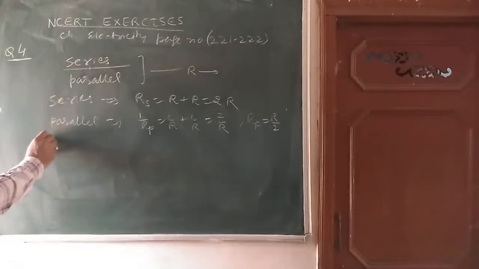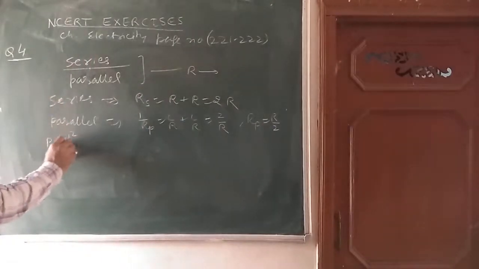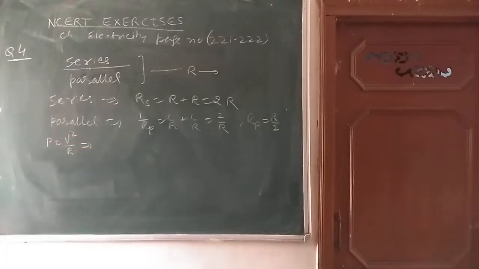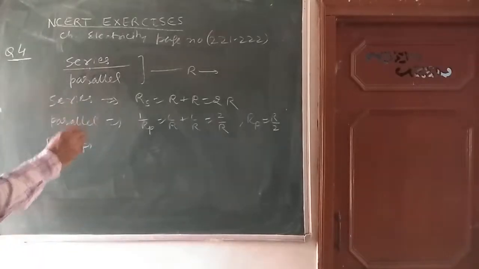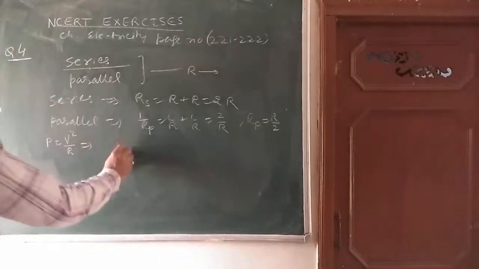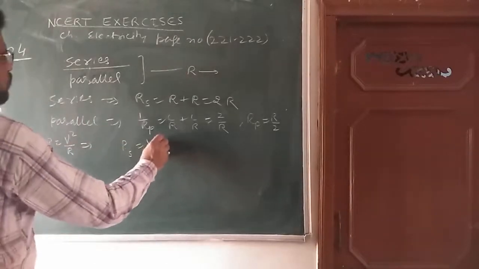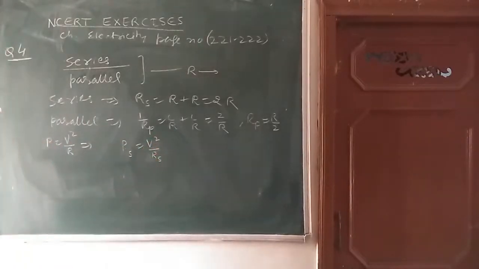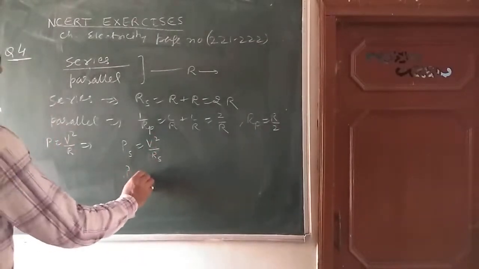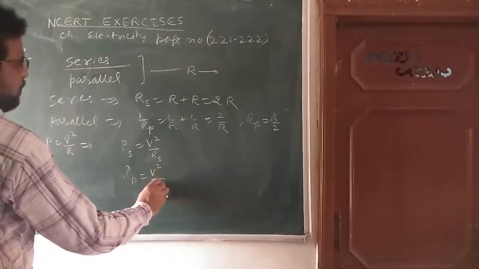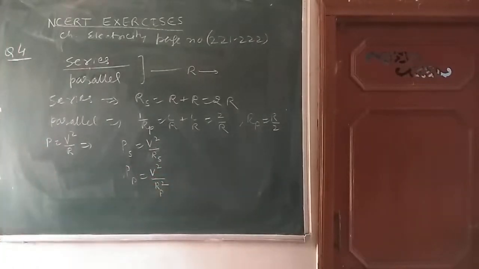The formula for the electric power is V square by R. First, the heat produced when they are connected in series, so P of S is equal to V square by RS. Similarly, for the parallel combination, I can write P of parallel is V square by RP. Divide both these.